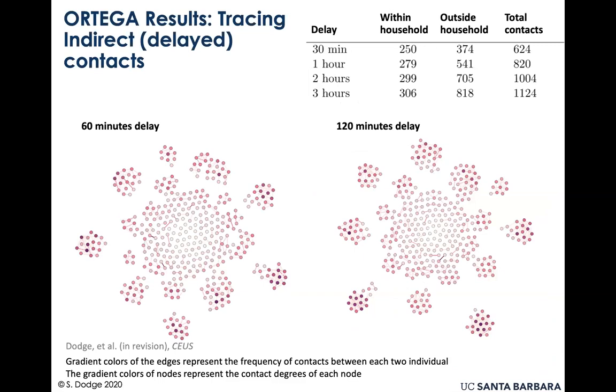It gets closer to a spatial interaction as we increase the delay, meaning that it identifies places where individuals interact over different timelines. For example, I go to the same gym as somebody else from another household, but at different timelines.